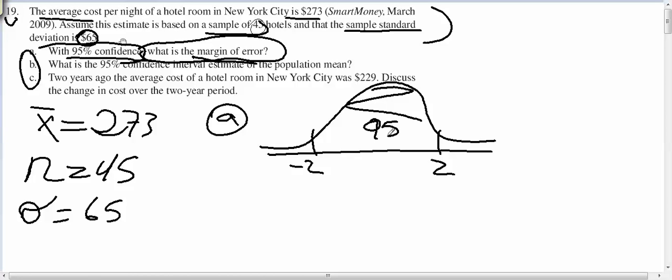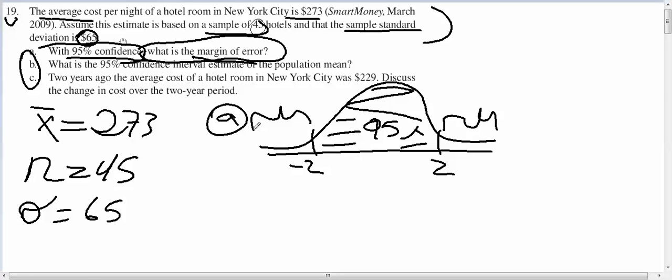The area in between is 95%. What is the measure from here to here, the same as from here to here? How do we get that measure?